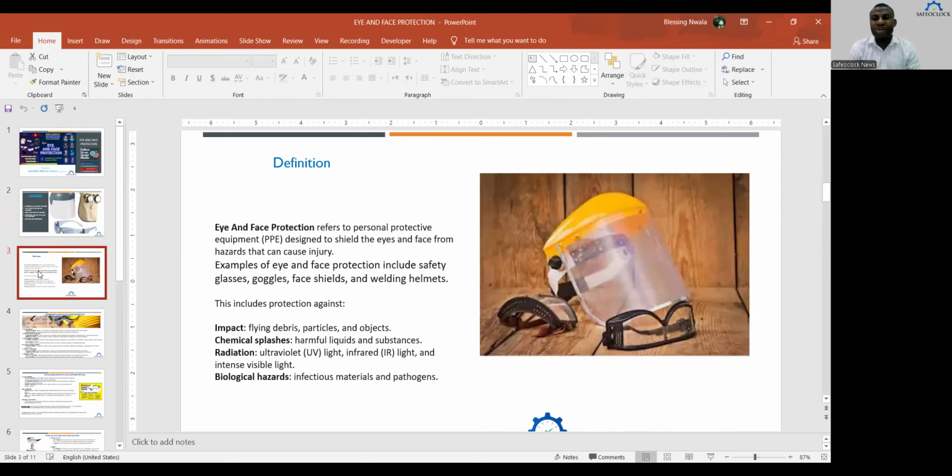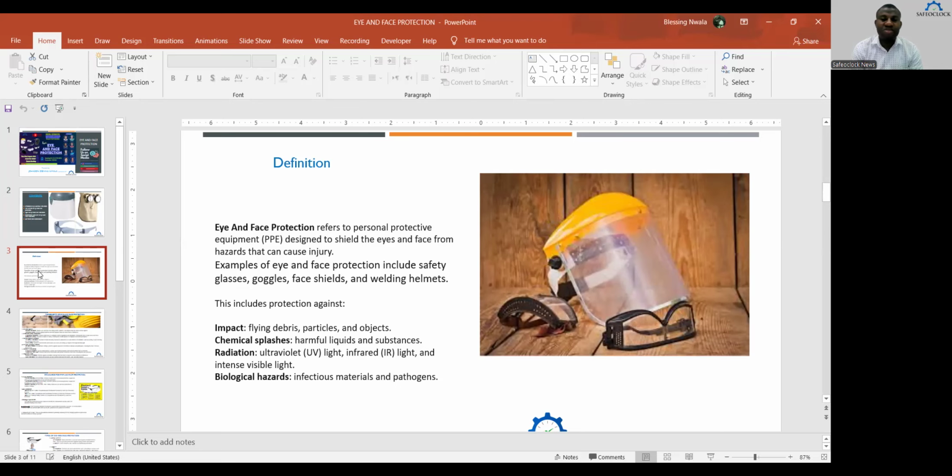Eye and face protection refers to the personal protective equipment that is designed to shield the eyes and the face from hazards that can cause injury to them. So it's as simple as that.